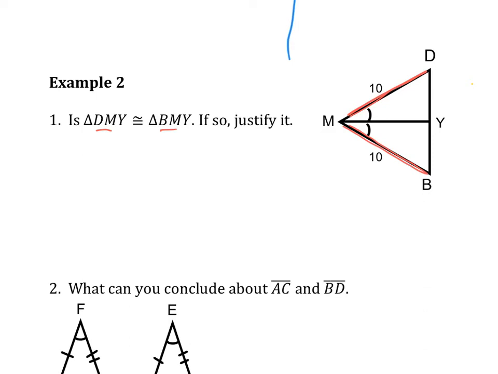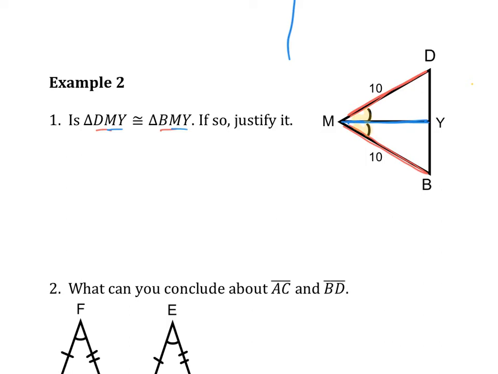Okay. What about, let's check the next sides. How about MY? Is MY equal to MY? Yes. So we have two sides. What else is given to us? YD and YB. We could check to see if it's side, side, side.